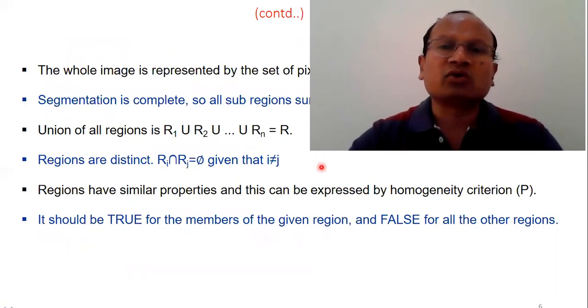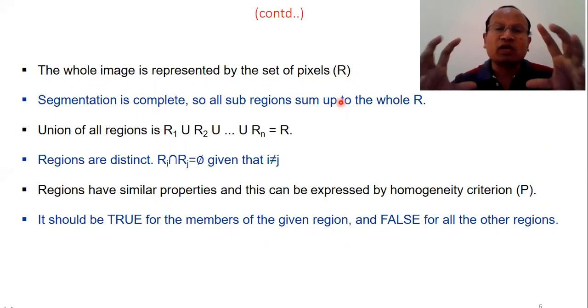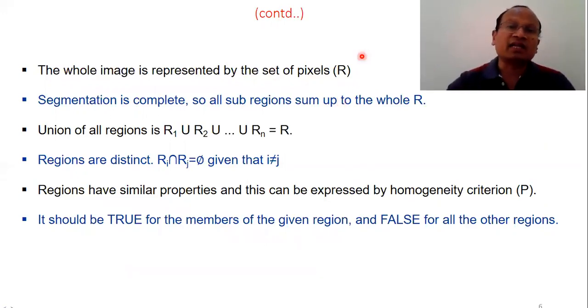Mathematically, in the algorithmic structure, the whole image is represented as R. The segmentation is complete, so all sub-regions sum up to the whole R. When we combine all the regions which have been segmented, they will constitute again R, the set of all pixels representing one image.